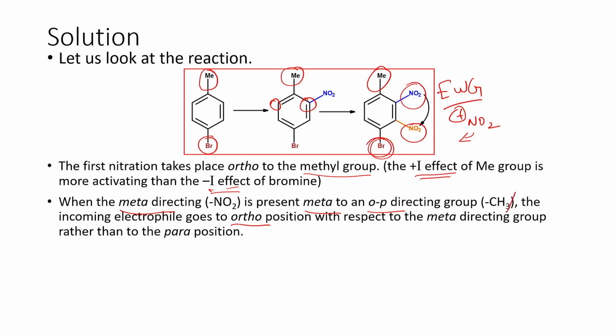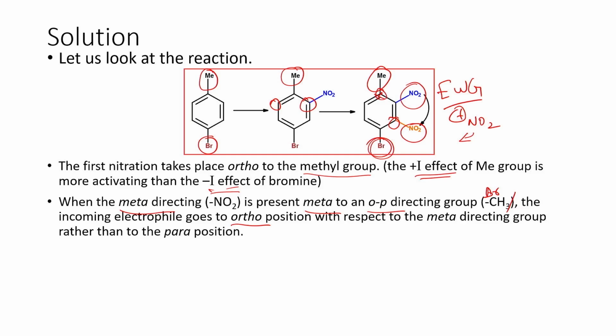Here both the methyl and the bromine are ortho para directing groups. So that is the reason we can say where the nitro group will come. One place activated is this carbon, but because there is already a methyl group, further nitration cannot happen on this particular carbon. So the only ortho position with respect to the existing nitro group is this carbon. That is the reason the second incoming nitro group attacks only at this particular position.